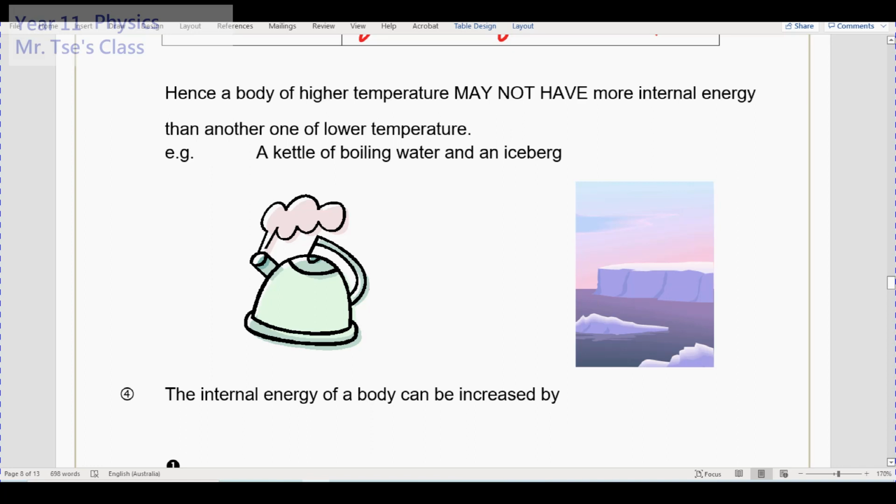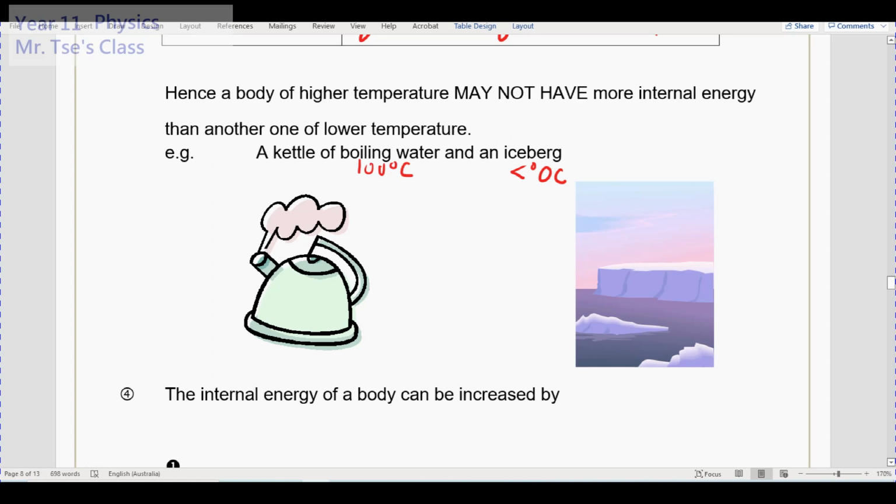But you need to be careful when we compare two different objects. Like when you try to think about a kettle boiling water. So boiling water means 100 degrees, and the iceberg is less than 0 degrees. So obviously in terms of temperature, you would think the iceberg has a much lower temperature than the boiling water. So how about the internal energy in that bowl of water and the iceberg?